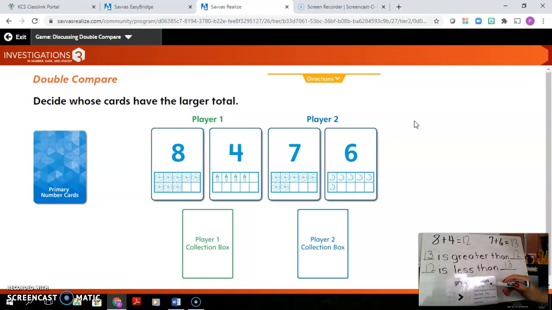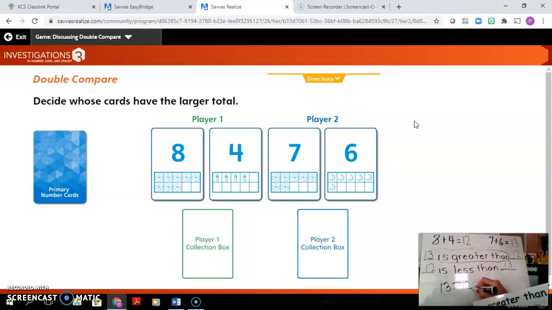Now remember, we're talking about symbols, and symbols are pictures or images to replace words. So let's think about what symbol we could use to replace the words is greater than. Well, we're going to put 13, and we're going to use this symbol. See this symbol right here? This symbol says that 13 is greater than 12.